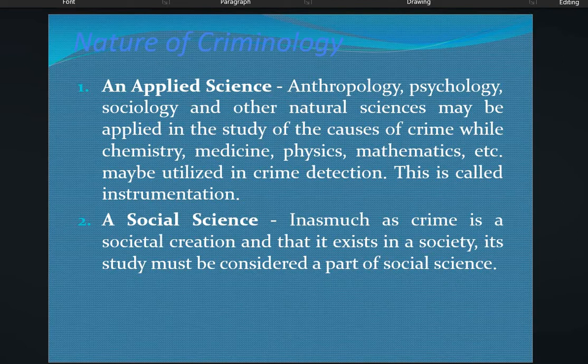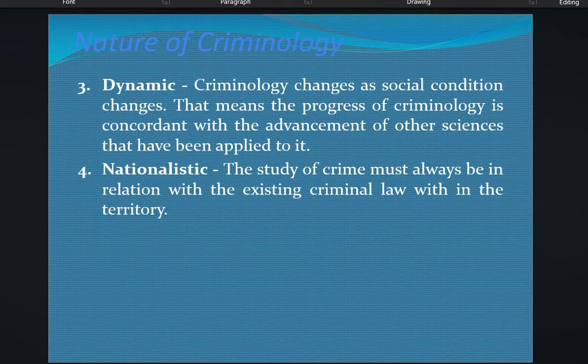Iba't ibang klase ng tao, iba't ibang klase ng pag-uugali, iba't ibang klase ng behavior, iba't ibang klase ng pananaw, and therefore criminology is a social science. We are experimenting, we are trying to observe different behaviors, different perspectives, different people, different members of the community, and that makes criminology a social science, the society itself.